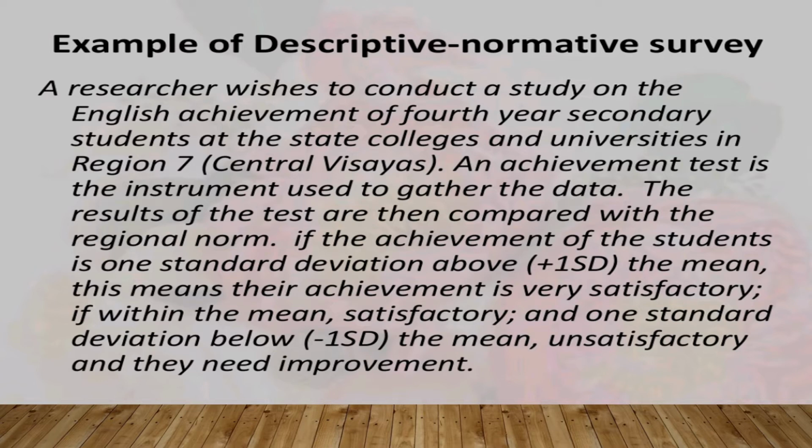If the achievement of the students is one standard deviation above the mean, this means their achievement is very satisfactory. If within the mean, satisfactory, and one standard deviation below the mean, unsatisfactory, and they need improvement.